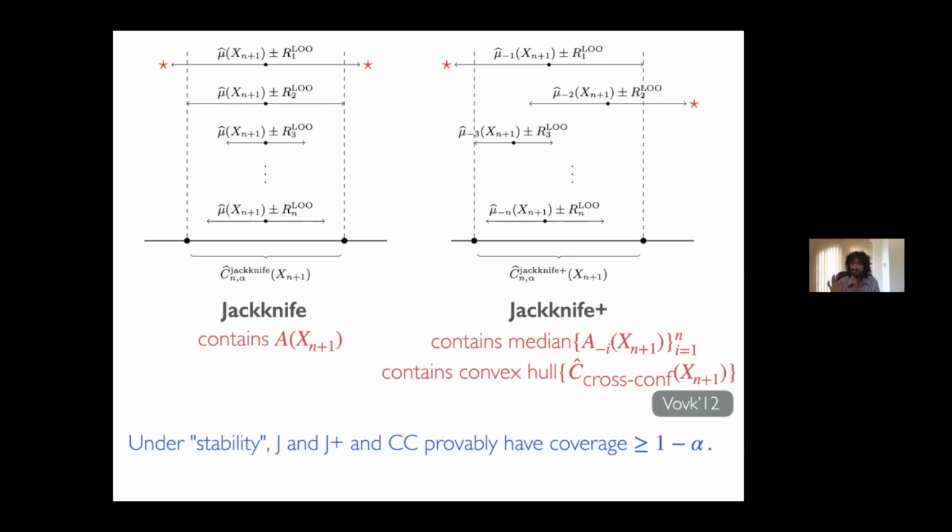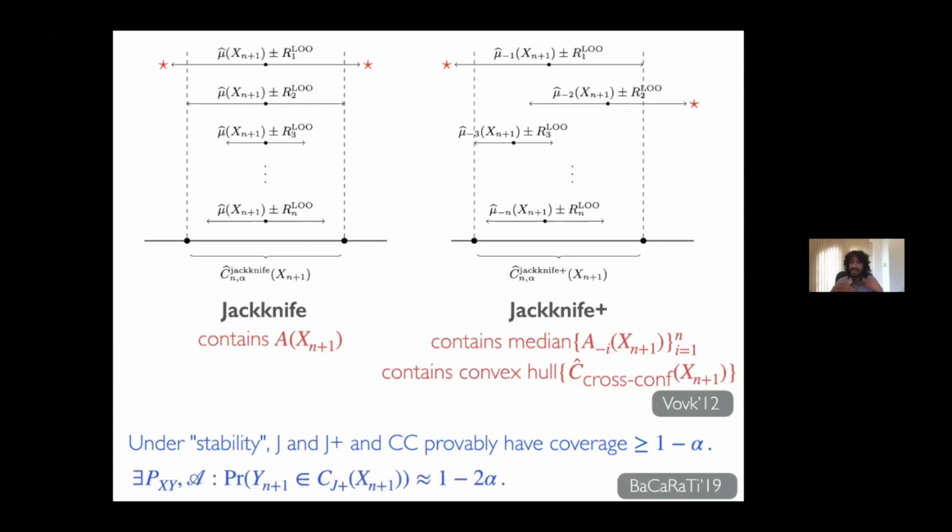But if you're potentially working with unstable algorithms, then jackknife has no guarantees, and jackknife plus and cross-conformal give you 1 minus 2 alpha coverage.